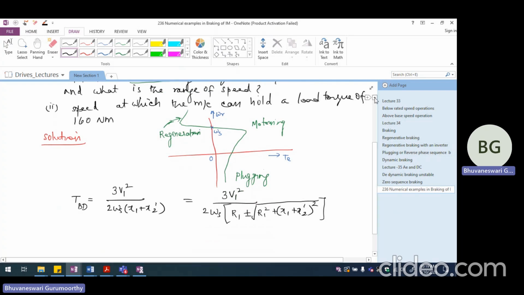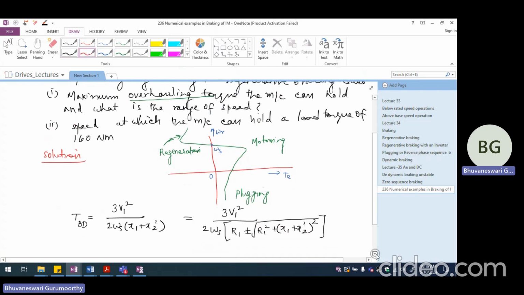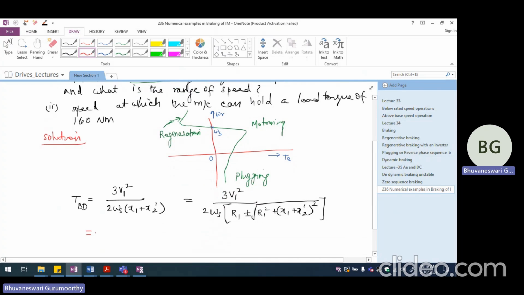The first thing that is being asked is for the overhauling torque during regenerative braking. Then we should use the same expression, and the voltage is given to be 440 volts. So let me write this as 3 multiplied by per phase voltage is 440 divided by root 3, divided by 2 omega s.